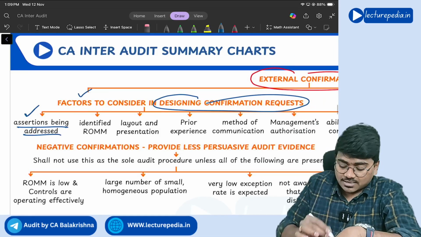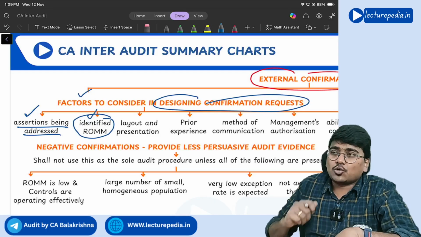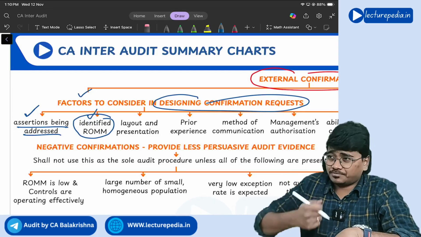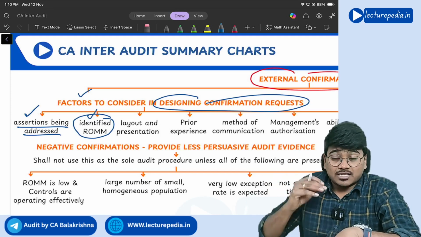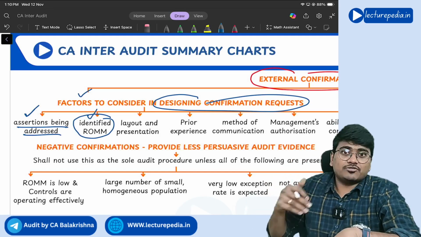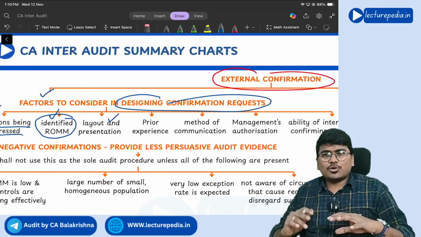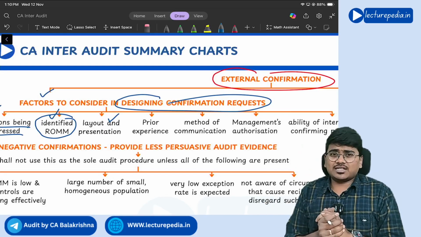Yes. Next, identified ROMM. If the ROMM of the particular area where you are requesting the external confirmation is higher, then the way you design the request will be different, correct? Next, layout and presentation. You should also focus on the layout and presentation of the external confirmation request.